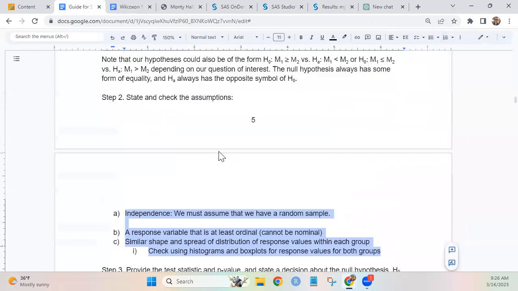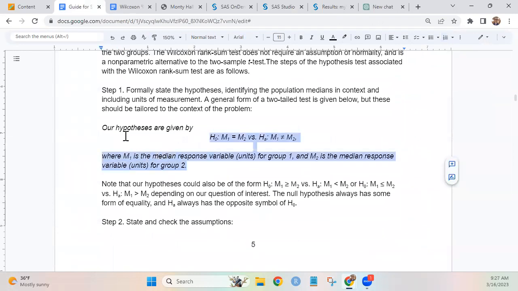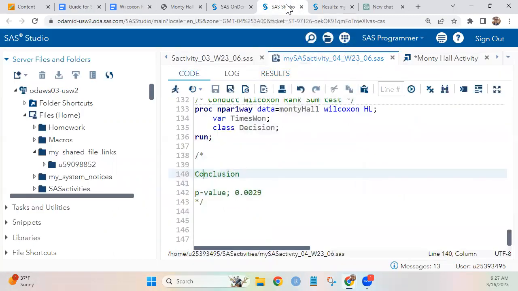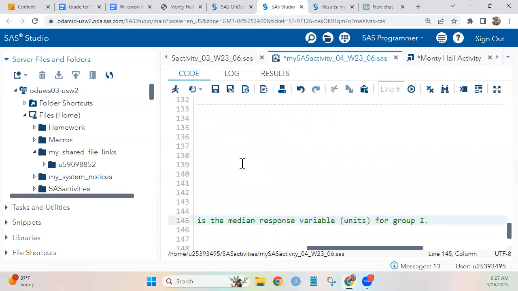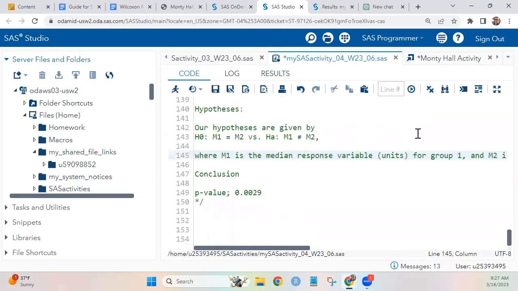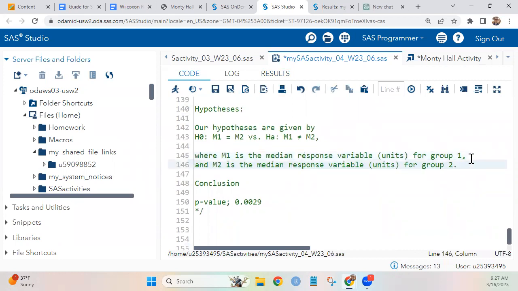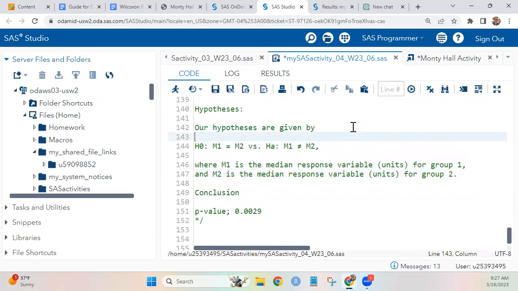And looking at the hypotheses, yeah, we can again just copy it from the guide for Stat 216 document and pretty much tweak it to this problem. Where M1 is the median, and then we just replace this part just like before.